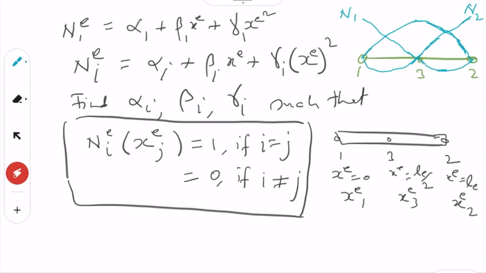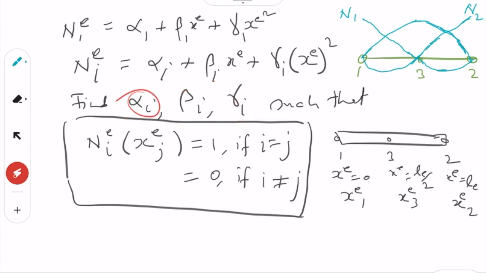So, basically the details we will do later on, we are looking at the big picture. Once you get n1, n2, n3, meaning once you get alpha I, beta I, gamma I, there are 3 of them, right.